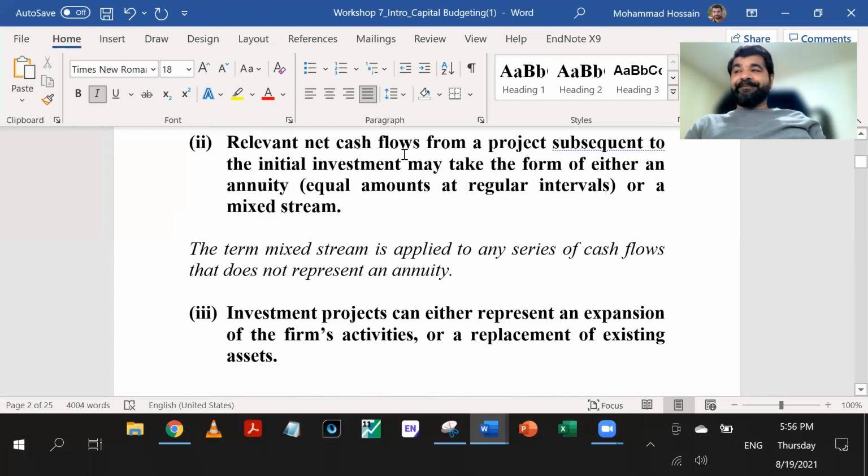Another one is this here. Investment projects can either represent an expansion of the firm's activities or a replacement of existing asset. When you make an investment project, you might be making an investment because of expanding the business.